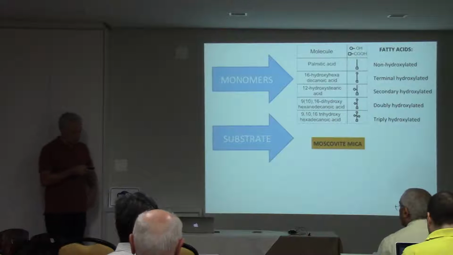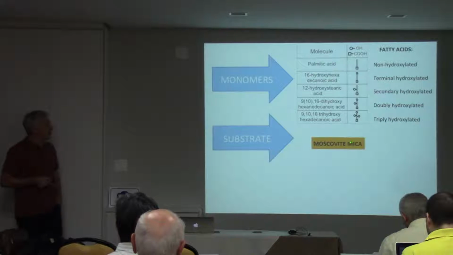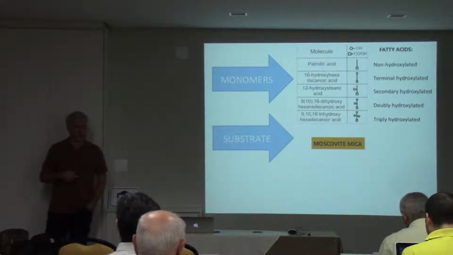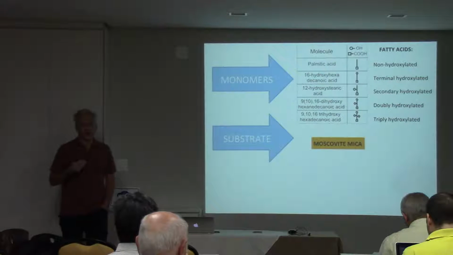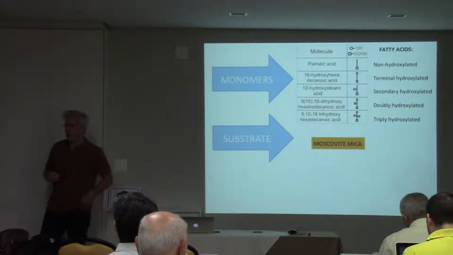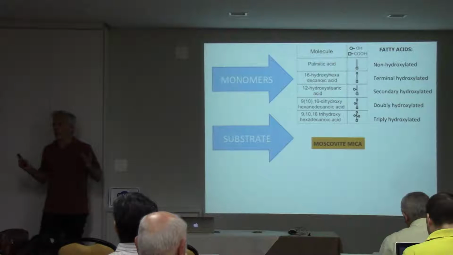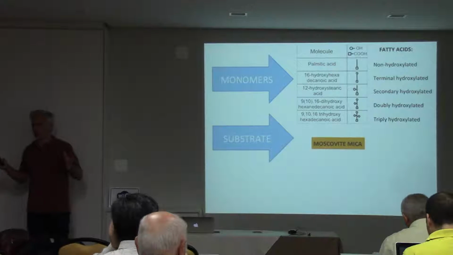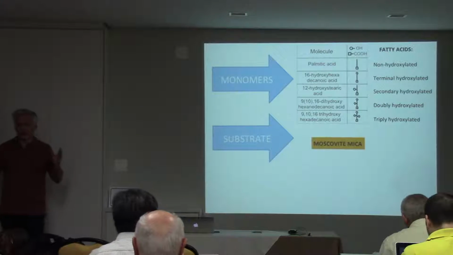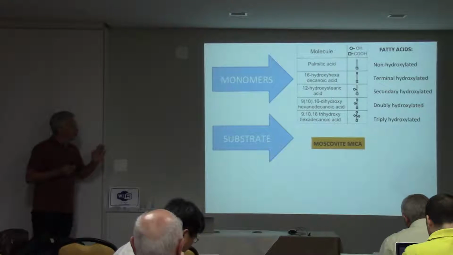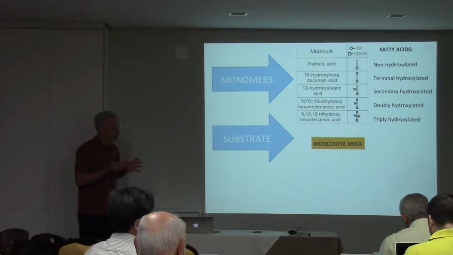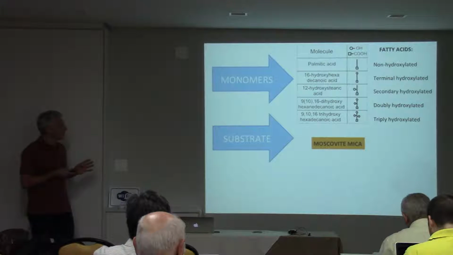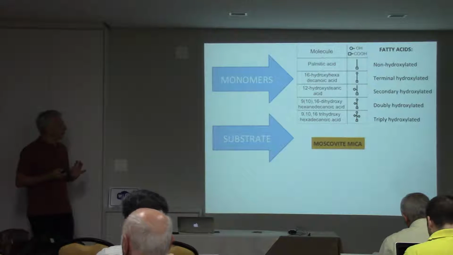So we have used in the lab a strategy using a substrate, which is muscovite mica. We use this basically because it's cheap. We are trying to find a way to fabricate a biopolymer on an industrial scale. So initially we tried to mimic the laboratory strategy using cheap materials.